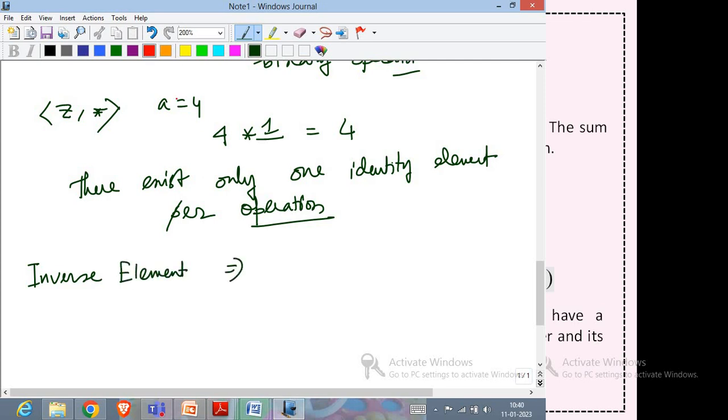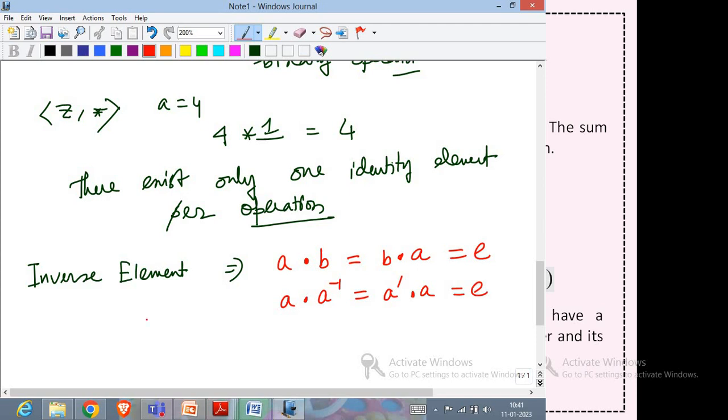The formula for inverse element is A dot B is equal to B dot A equals E, or we can also write A dot A inverse, or A star dot A. A star and A inverse are similar nomenclature, so we can write any one. I will just use it all together, and that will be equal to E.